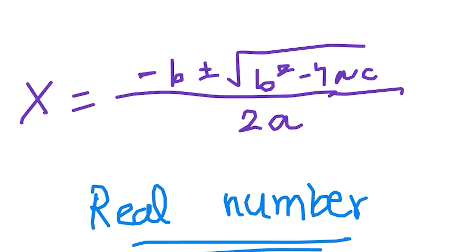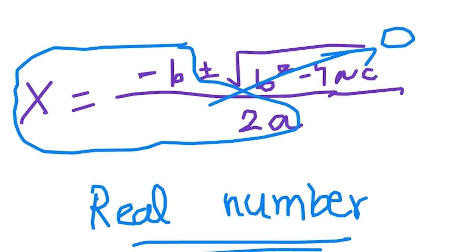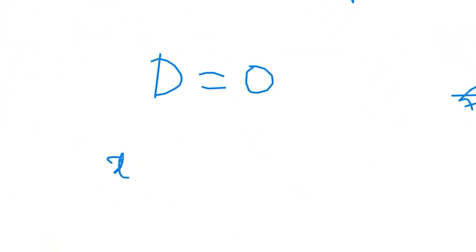That means the square root is 0 too. So this is 0. What is the answer for x? Negative b over 2a.